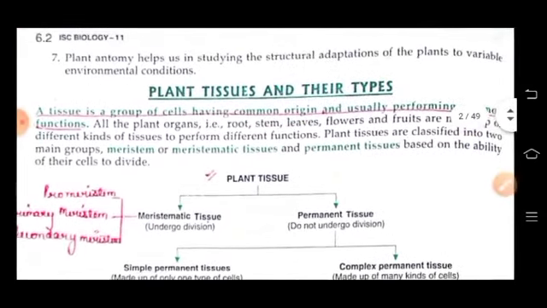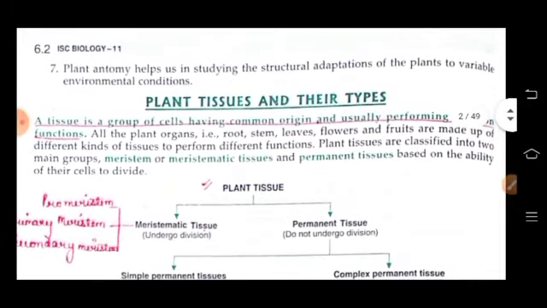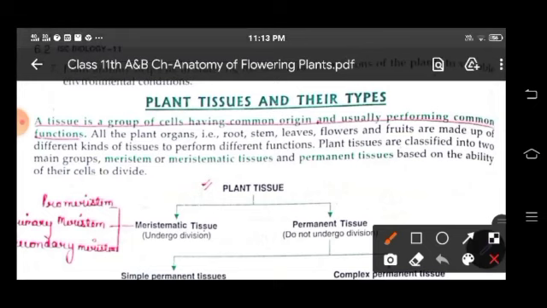So let's come to plant tissues and their types. Children, you have already studied about tissues in class 9. So what is a tissue? A tissue is a group of cells having common origin and usually performing common functions.